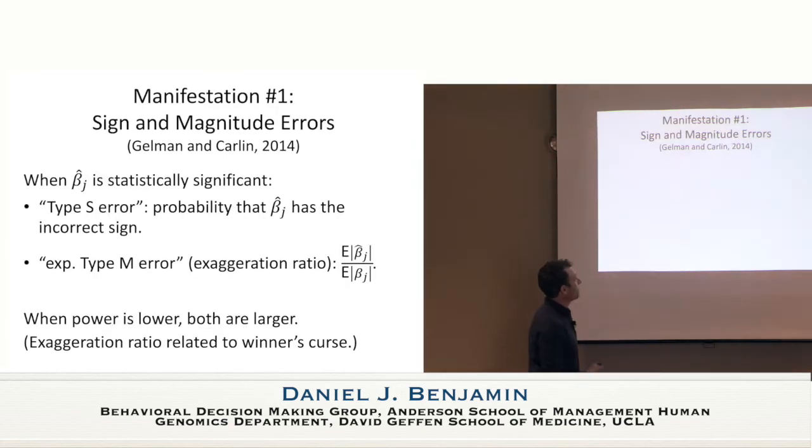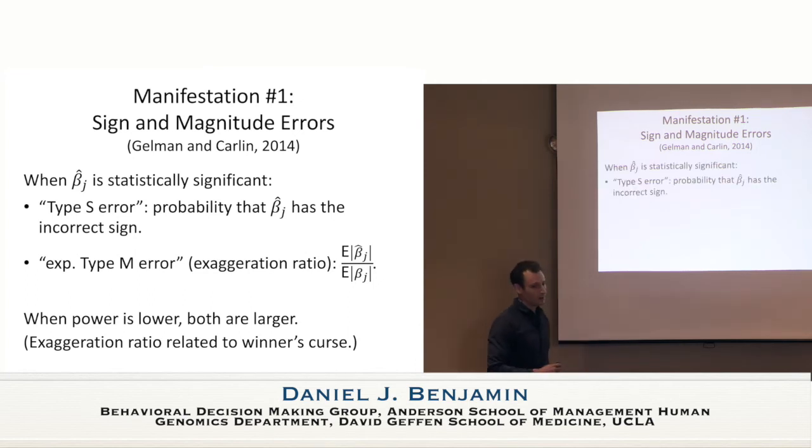Okay, so I want to mention 2 manifestations of this problem. One is what Gelman and Carlin call sign and magnitude errors. They talk about 2 kinds of errors that you can have with a statistically significant result. One is a sign error, which they call a type S error. That's the probability that you estimate the wrong sign of the effect.